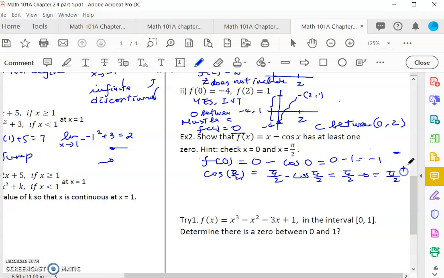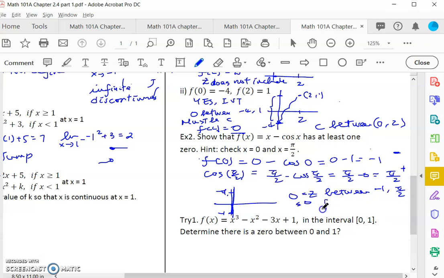So this is negative, and this is positive. I have the function values: one is negative 1, the other is pi over 2. So 0 is between them, right? 0 is the z. It's between negative 1 and pi over 2.